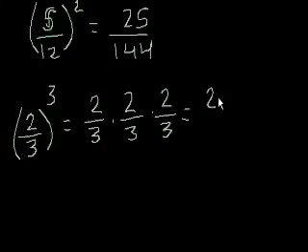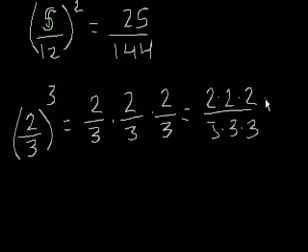And that equals 2 times 2 times 2 over 3 times 3 times 3. The numerator, 2 times 2 times 2, just equals 8. The denominator, 3 times 3 times 3, just equals 27. So we have 2/3 to the third power equals 8 over 27.